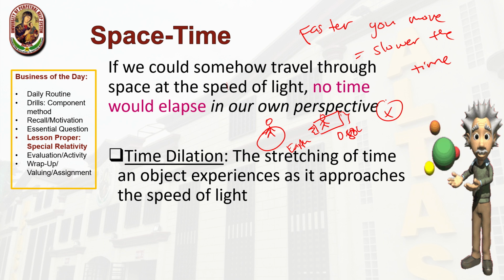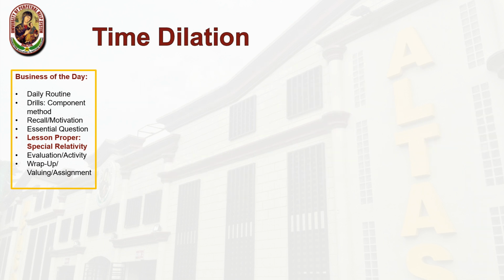If we get the data from these two observers, one from Earth, one from the spaceship, the astronaut on the spaceship will be giving us a shorter period of time recorded compared to the one on Earth observing that spaceship. Kasi nga sabi natin 'di ba? Pag mas mabilis yung takbo mo habang nagre-record ka ng oras, mas maikli yung mare-record mo, kung i-compare mo yan dun sa ibang observer na nasa labas nung gumagalaw na vehicle na yon. So that is what we mean when we say stretching.